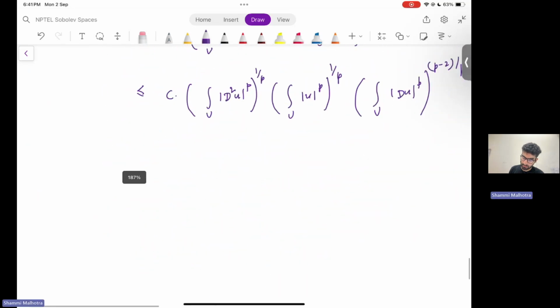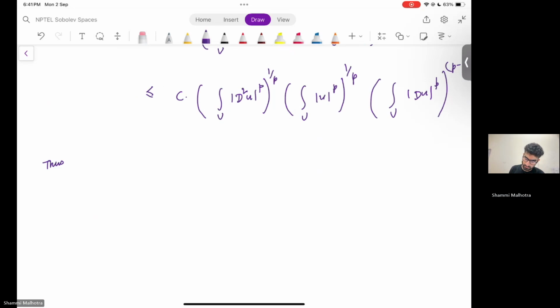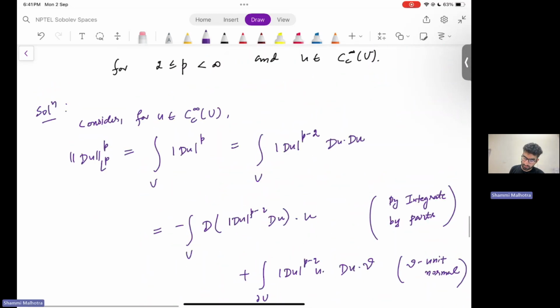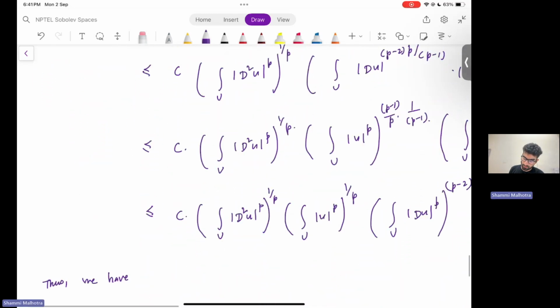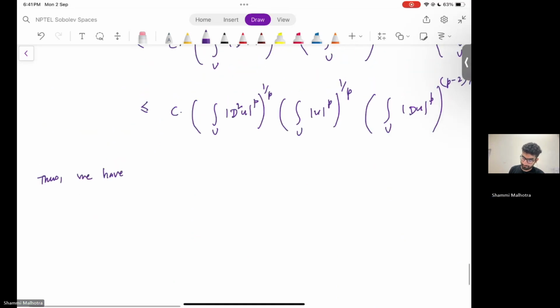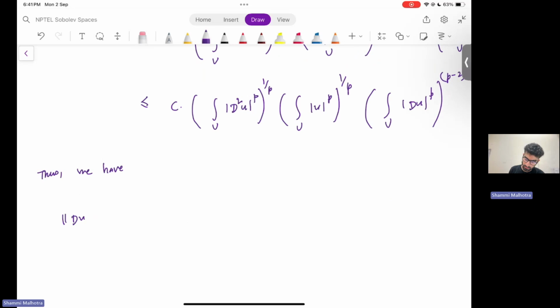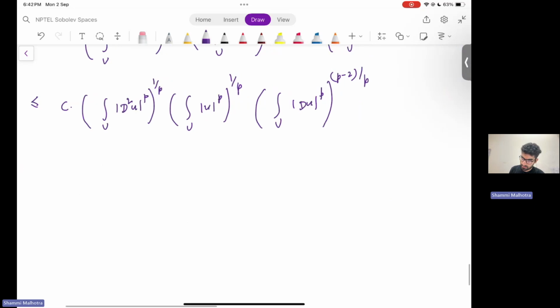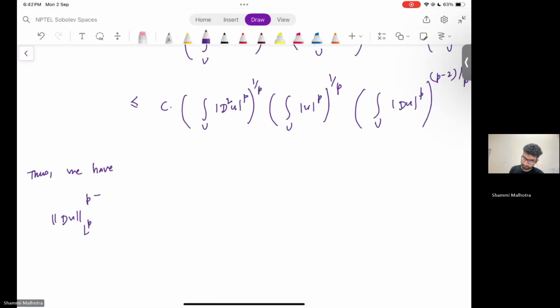So eventually this implies, so we started with the Du Lp norm whole to the power of p, and we have to minus this thing, p minus 2.